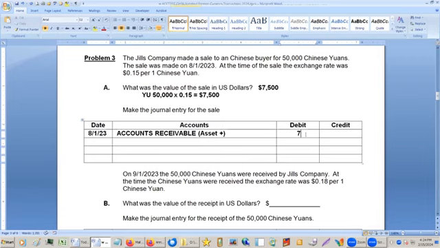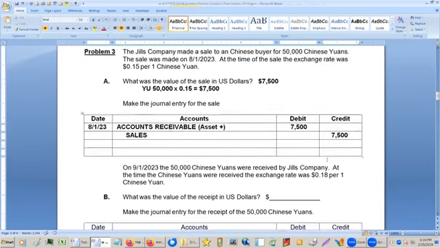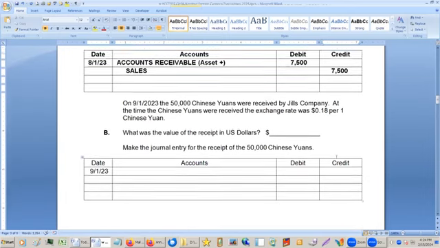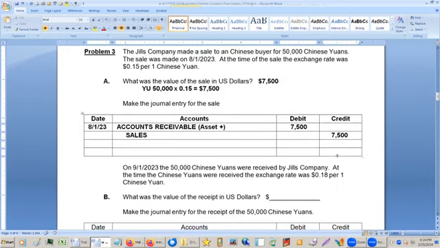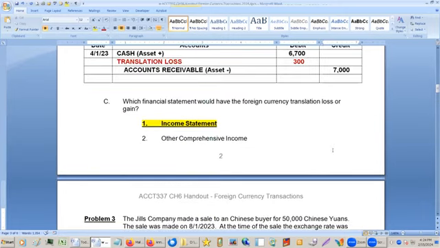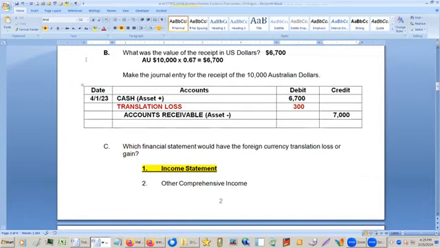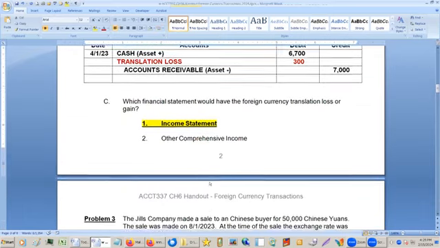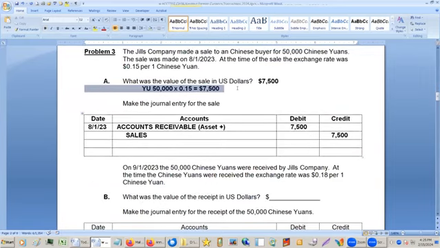Okay, let's see, this would be... oh, wait a minute, copy this.